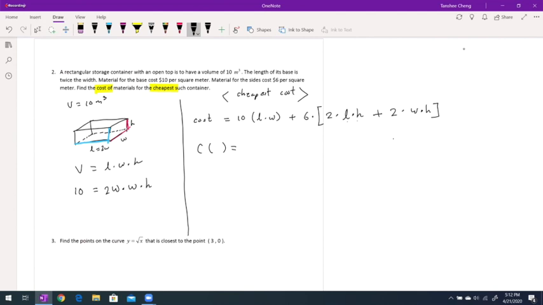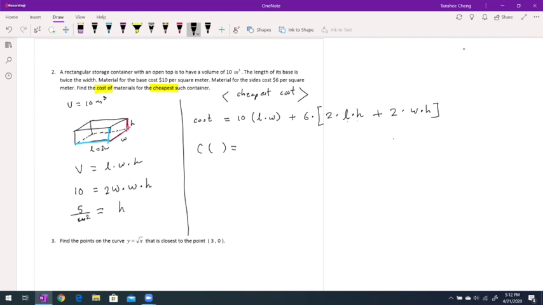By plugging in all the information that we have, you can see that the height can be represented in terms of the width also. The length can be represented with the width. So my height will be, you divide 10 by 2, that becomes 5, and then you divide by w squared. That will represent the height.